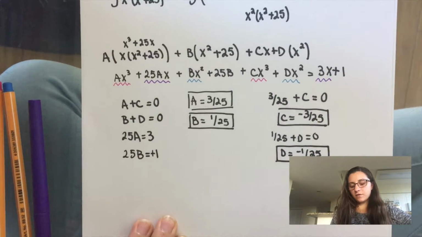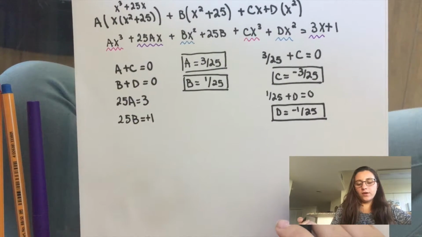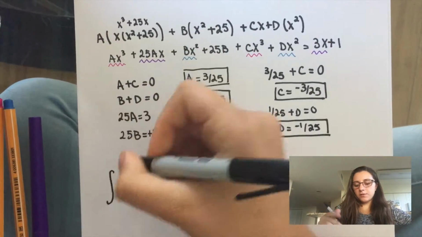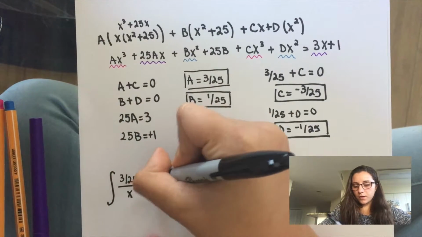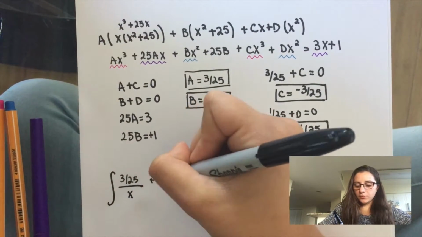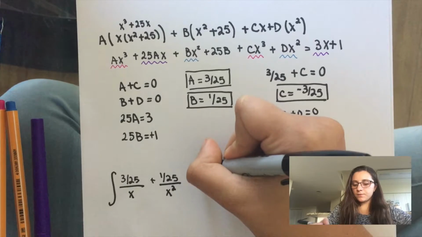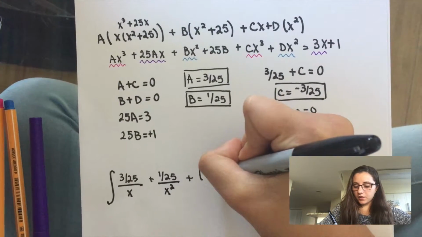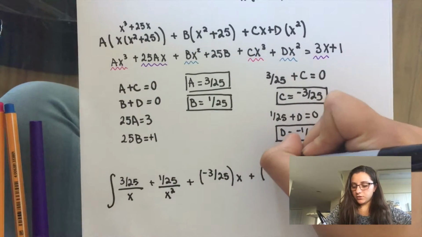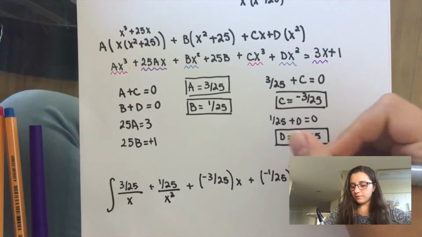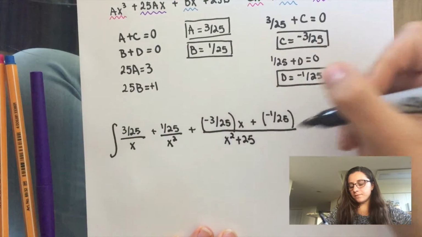So now that we have these variables, we're going to go ahead and write it in the integral again. So we have the integral of what was A before, which is 3 over 25 over x, plus what is B now, which is negative 1 over 25 divided by x squared, plus our C, which is negative 3 over 25, x, plus our D, which is 1 over 25, and all of this is divided by x squared plus 25.